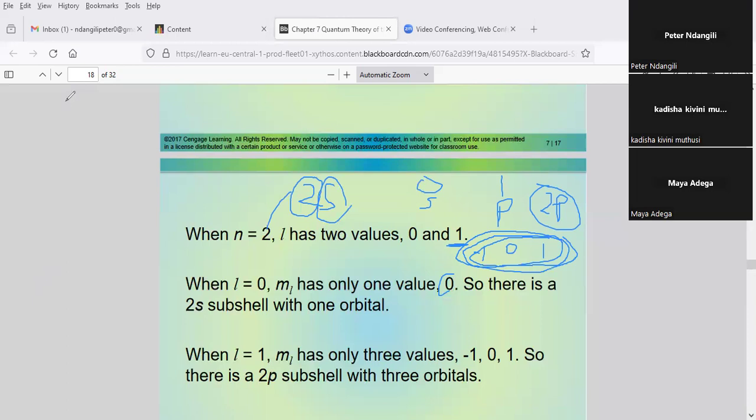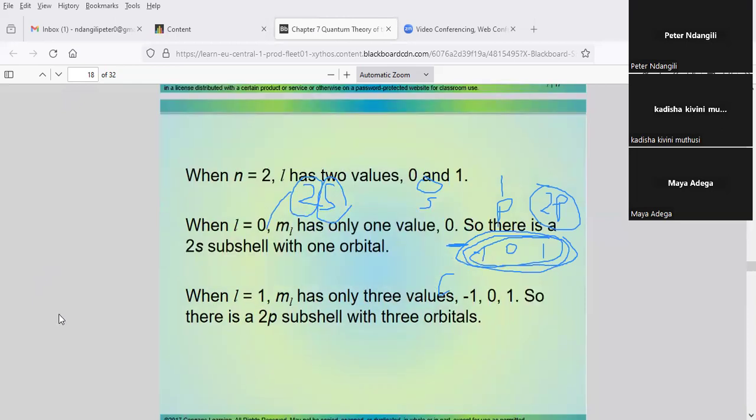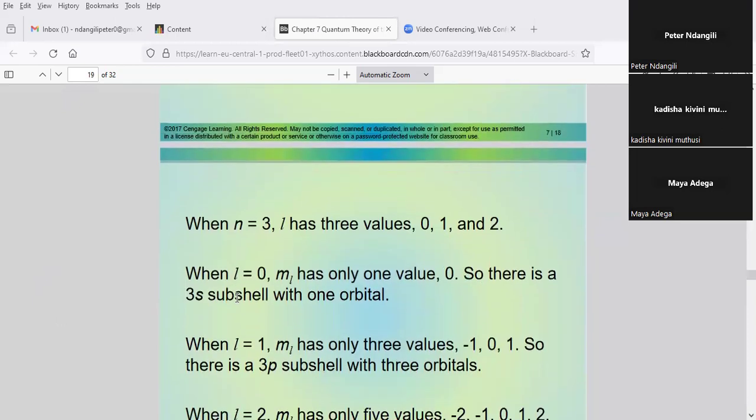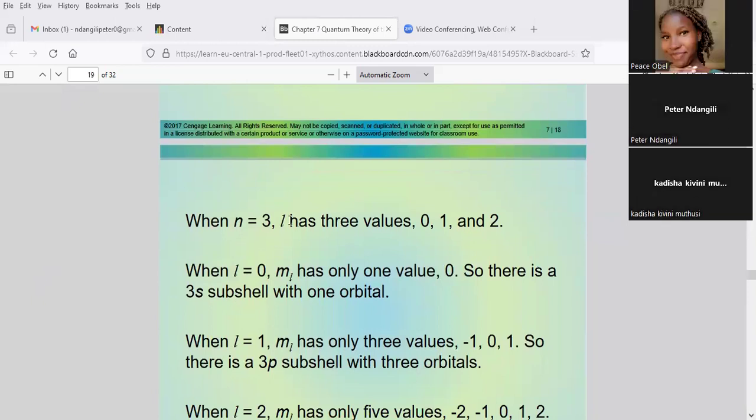Okay. So I move again slowly. When n is equal to 3, the values of L are 0, 1, 2. Now, this one is a 3s. Let me write it well.